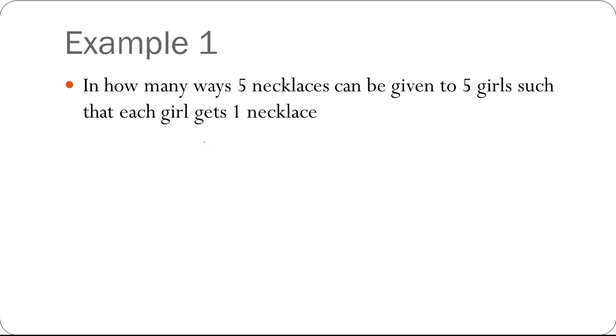So let's say the 5 necklaces are 1, 2, 3, 4 and 5. And the 5 girls to whom the necklaces are to be distributed are A, B, C, D and E. Now the first necklace can be given to any of A, B, C, D or E, right?